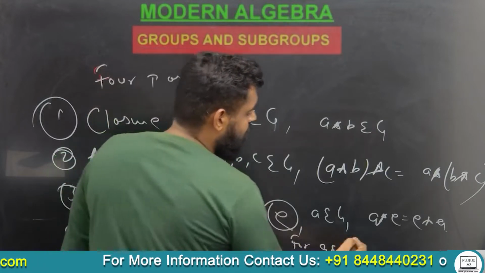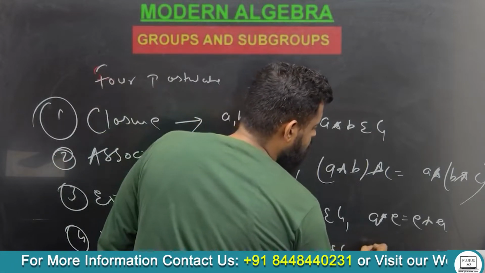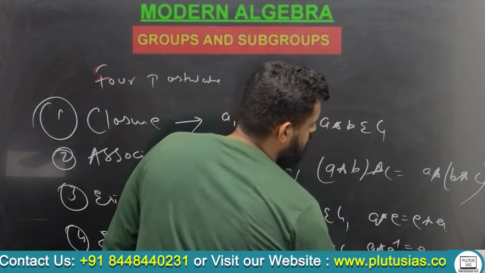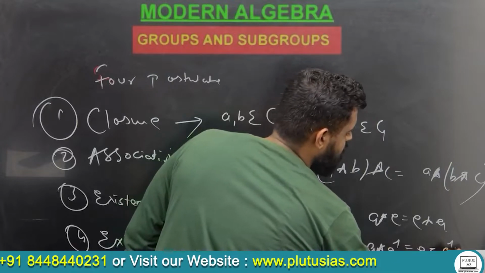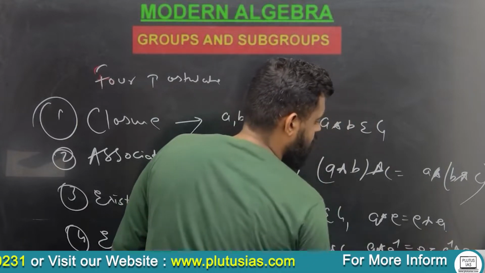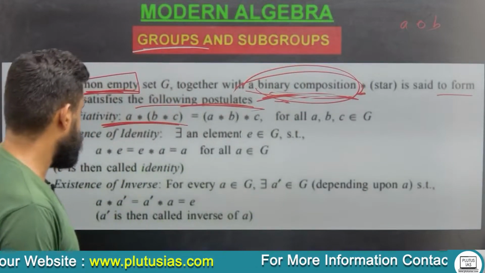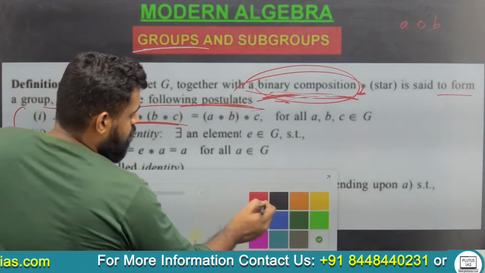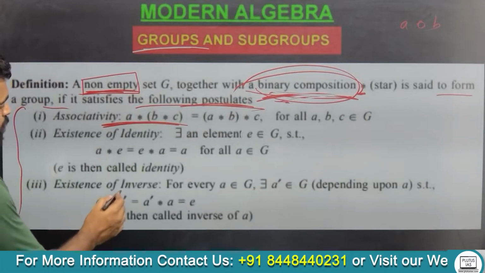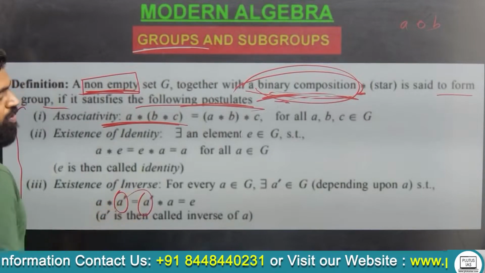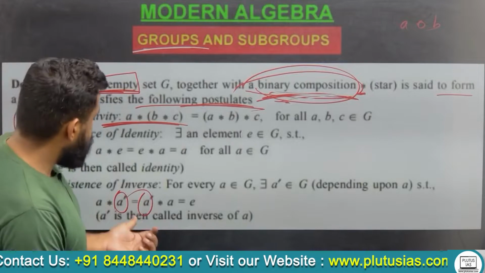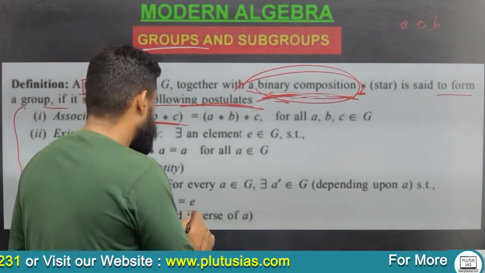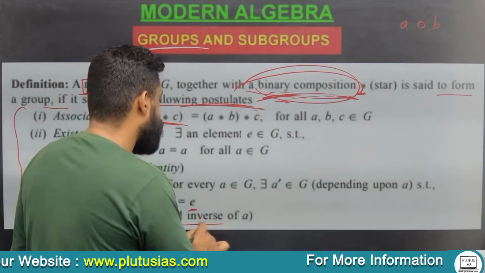So there exists an inverse A inverse such that A operation A inverse is equal to E, which is equal to A inverse operation A. Here it is denoted by A dash or A prime, so A prime operation A is E, and A prime is then called the inverse of A.